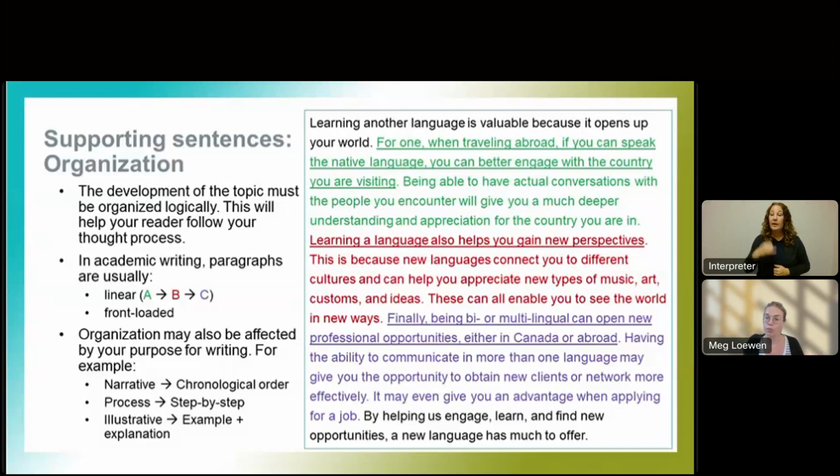If you are describing a process in your writing or a procedure, you would follow step by step in the order that these steps need to happen. Or if you're doing more of an illustrative where you're describing something, perhaps you give more examples and explanations of those examples. In each of these cases, though, you can still use linear structure and you can still front-load your message. It just might look a little bit different because of the purpose of your writing.